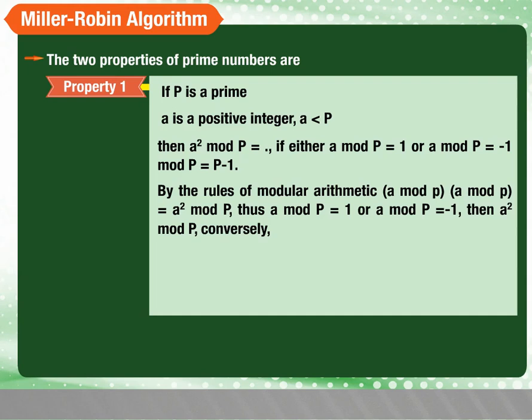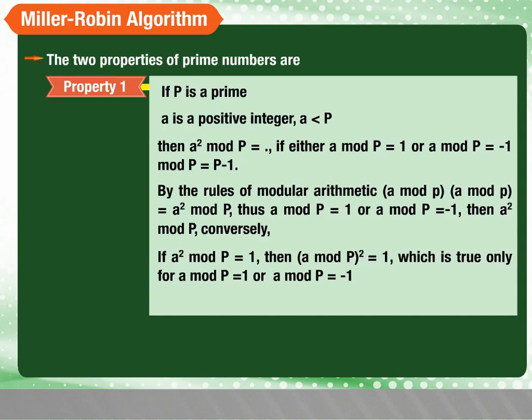Thus, a mod p equals 1 or a mod p equals minus 1. Conversely, if a square mod p is equal to 1, then (a mod p) the whole square is equal to 1, which is true only for a mod p equals 1 or a mod p equals minus 1.